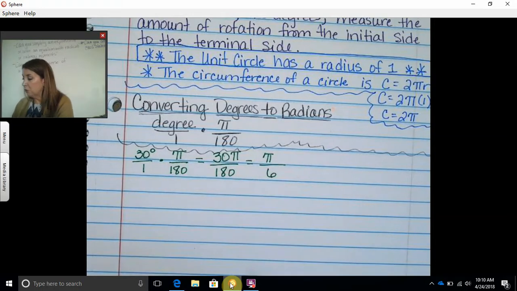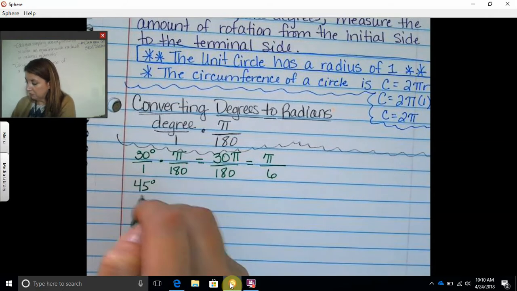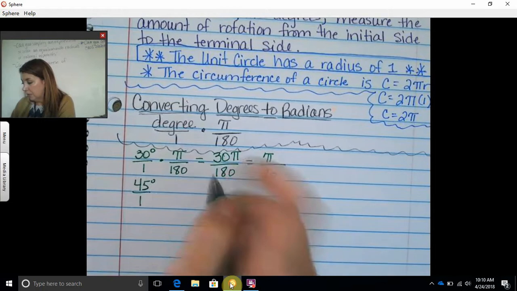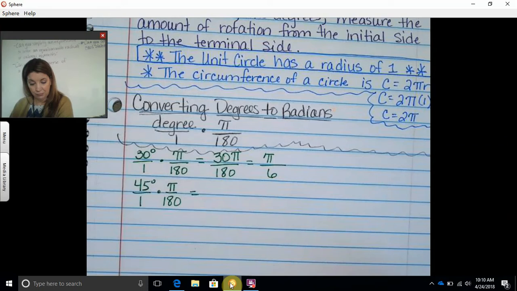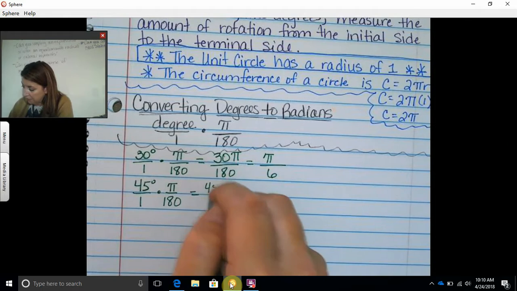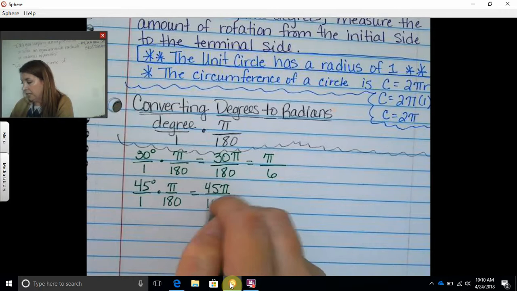So let's see what 45 degrees is. So 45 degrees divided by 1 times pi over 180. So 45 times pi is 45 pi. 1 times 180 is 180.